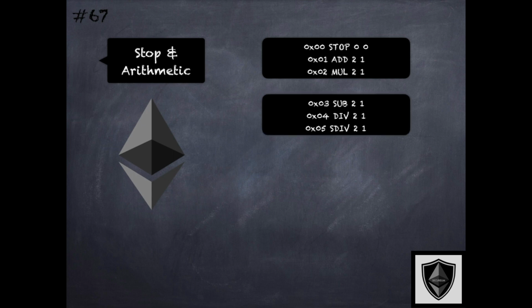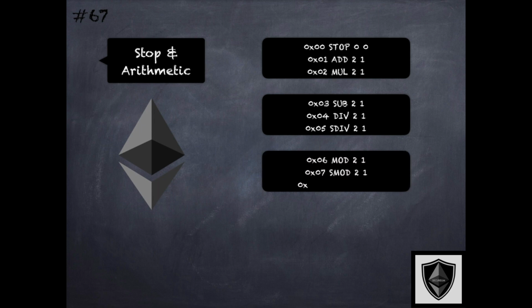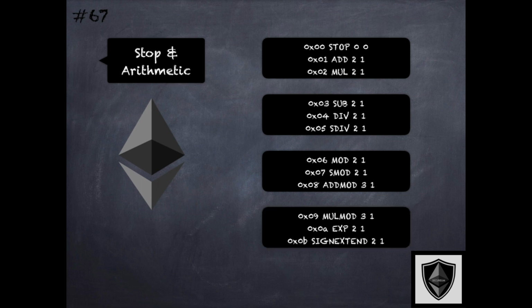And then we have subtraction, division, we have signed integer division, we have modulo remainder operation, we have signed modulo remainder operation, we have modulo addition, modulo multiplication, exponential operation, and finally we have the sign extend operation, which extends the length of the 2's complement signed integer.